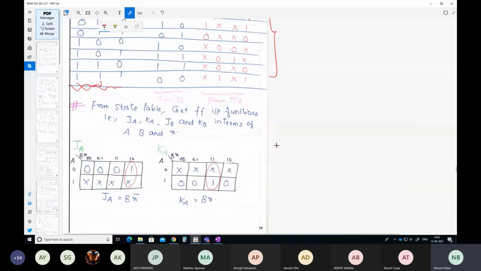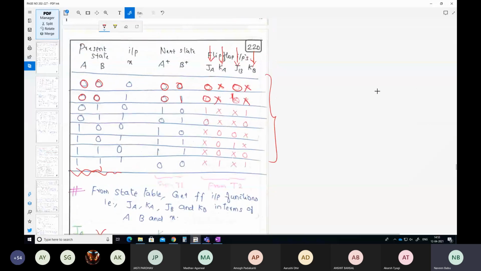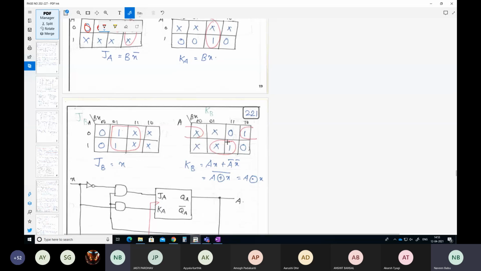So for JA, we will write the K-map. So we will fill up the K-map here, which is 0, 0, 1, 1, x, x, x, x. So it is 0, 0, 1, 0, x, x, x, x. We simplify this, and JA is equal to BX bar. Likewise, for all the last four columns, we write the excitation equations JA, KA, JB, and KB.